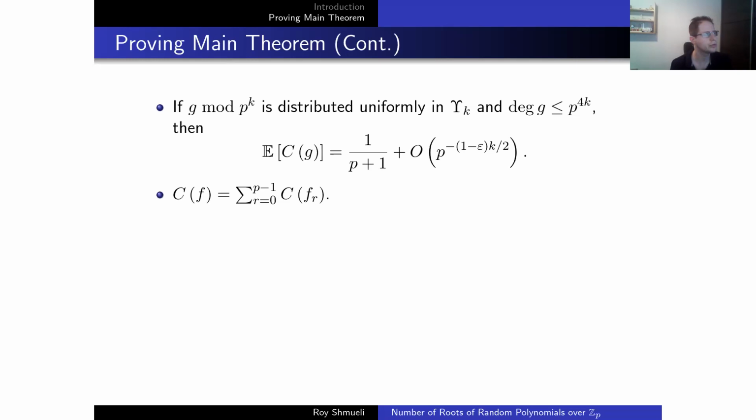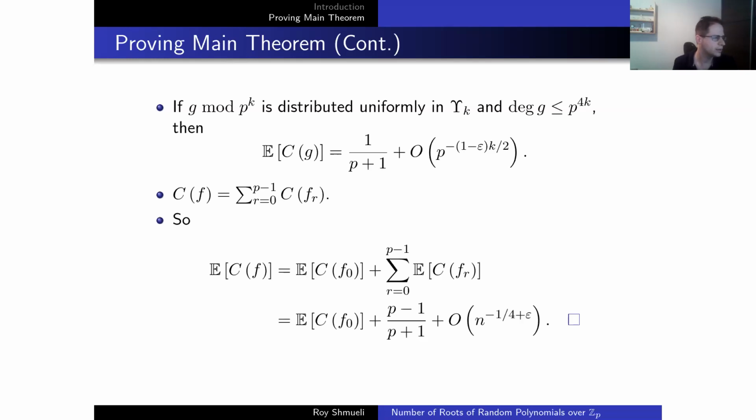And the way I continue from here is that every root that f_r has corresponds to a root of f which is equal to r modulo p. So this gives me that the number of all the roots of f is equal to the sum of all numbers of roots of f_r.